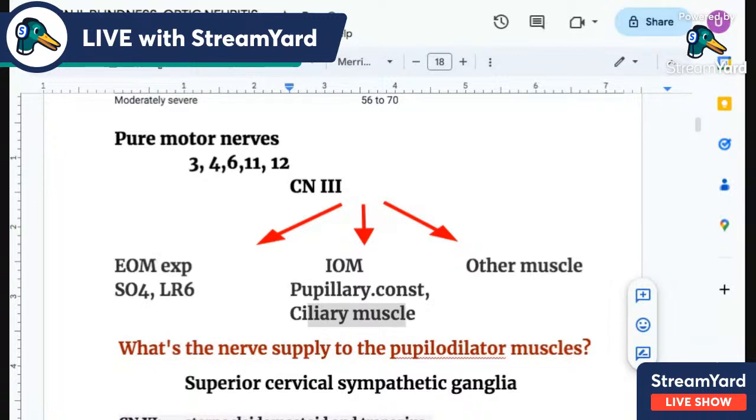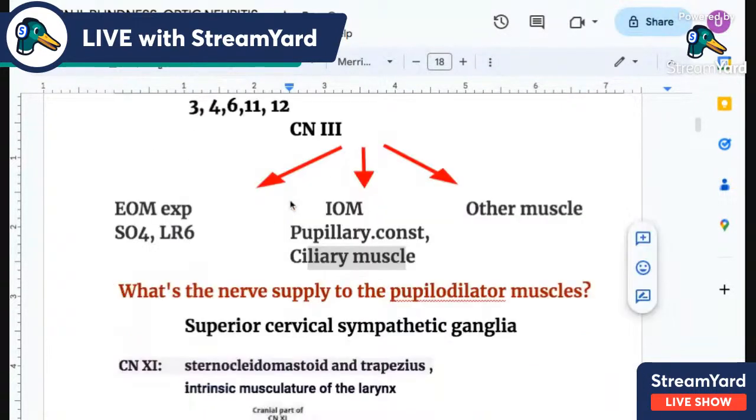The palatoglossus is supplied by a branch of the vagus nerve. Okay. Then we move on, so we're done with these cranial nerves.